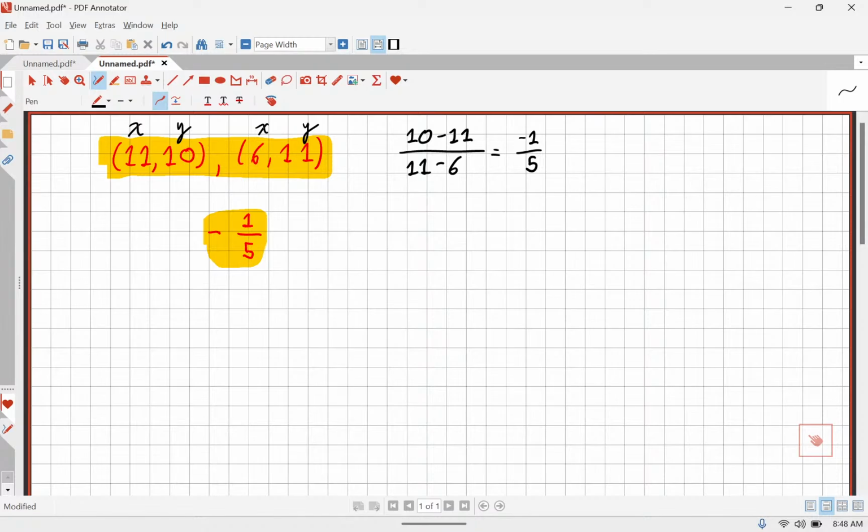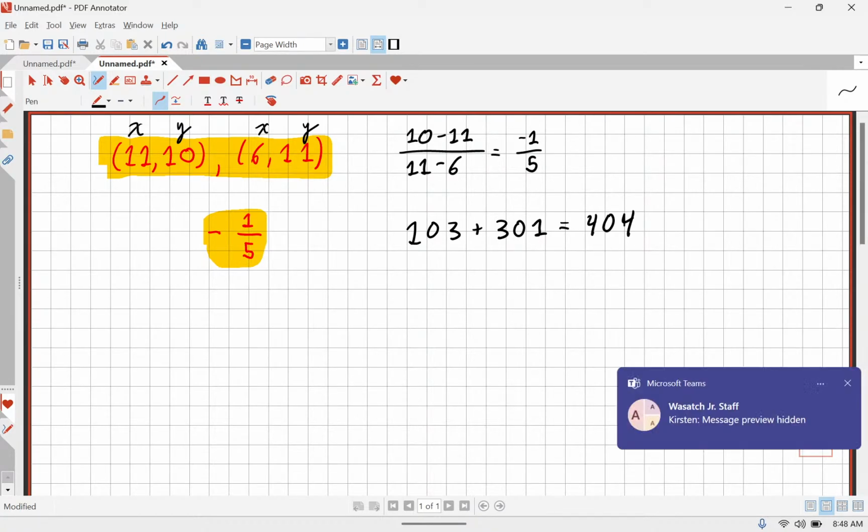In base 10, it might look something like this. 103 plus 301 is equal to 404. Now, when we get that, guys, we ask ourselves, is that a palindrome? Meaning, is it the same backwards as forwards? Yes or no? Yeah, 404 is the same backwards as forwards, so 103 in base 10 does not have this property, but it does in base 3.